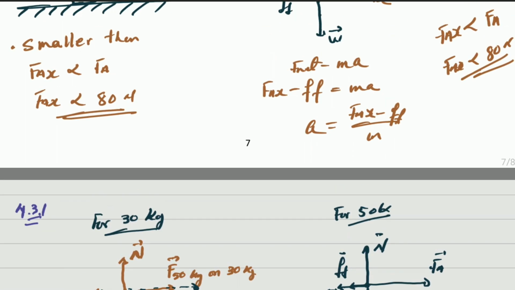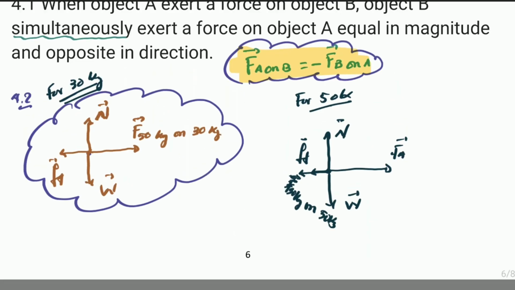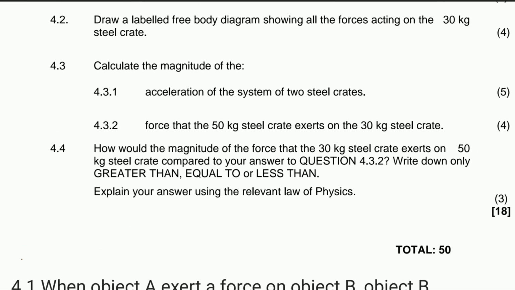Now, if we go to the final part of the question to really finish question 4, the question is a little bit long. How would the magnitude of the force that the 30 kilogram steel crate exerts on the 50 kilogram steel crate compare to your answer in question 4.3.2, guys? Equal to. Here is the answer, equal to. Why is that so?